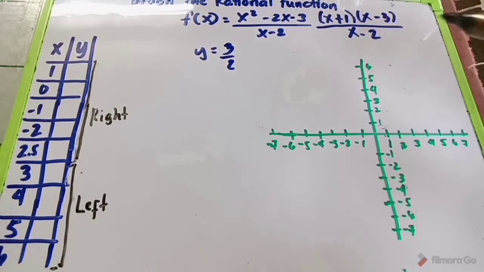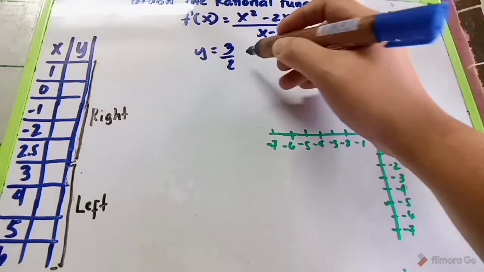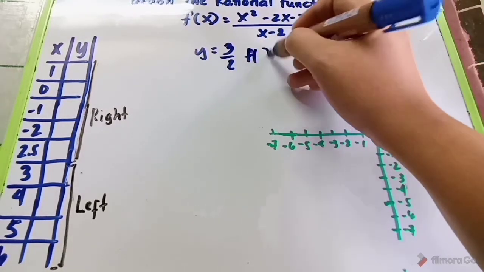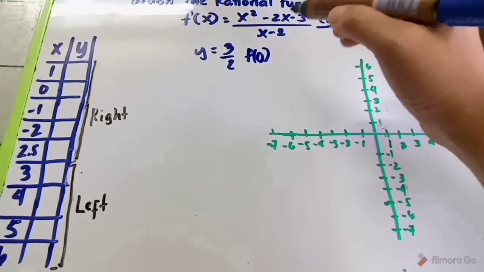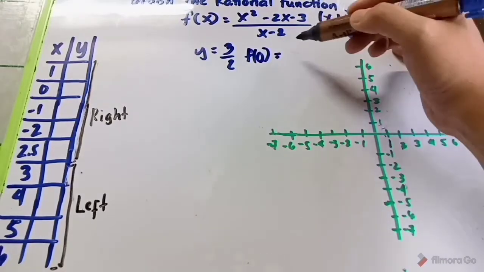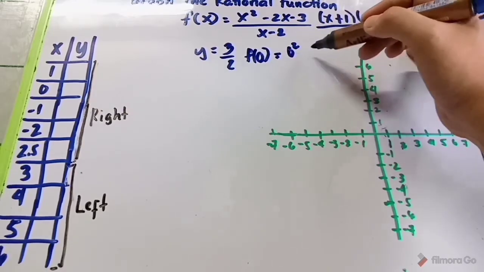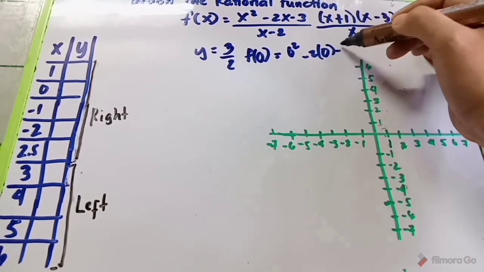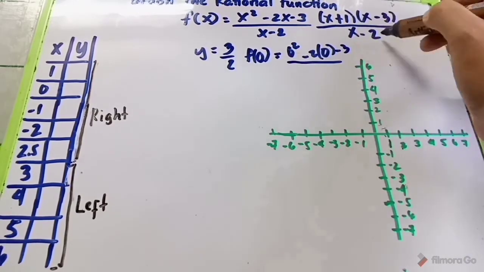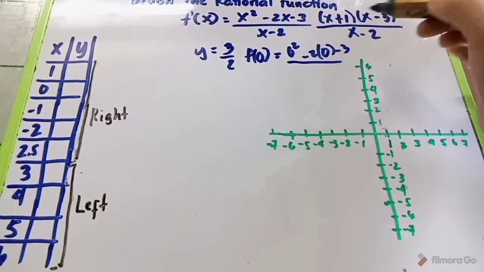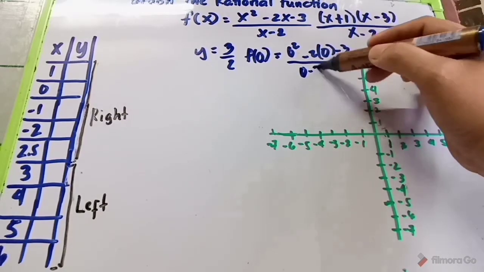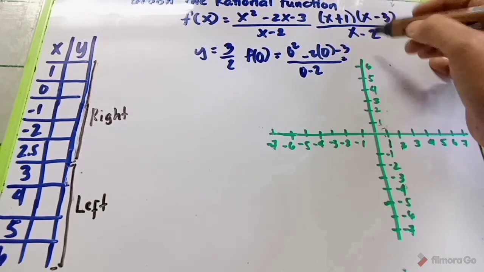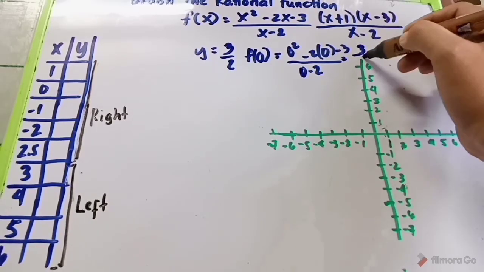How do we come up with 3 over 2? If we place f of 0, we have 0 squared minus 2 times 0 minus 3 divided by, and we will transpose, this will become 2. So 0 minus 2, and the answer is 3 halves.